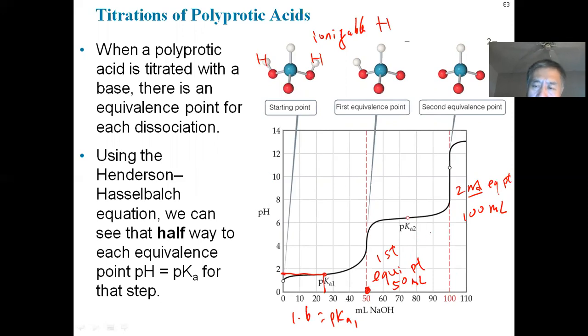The half second equivalent point is halfway between the first equivalent and the second equivalent, halfway between 50 and 100. So the volume for this point here is 75 mL. That's the volume. You want to find the pH, you go to the left, you get this point here, about 7, so you get about 6.5 equals pKa2.